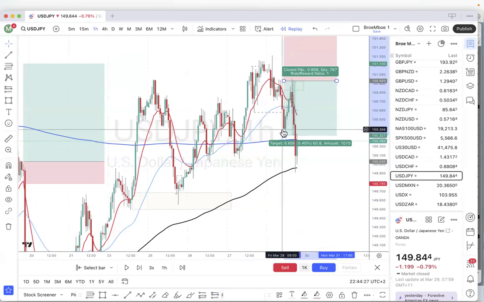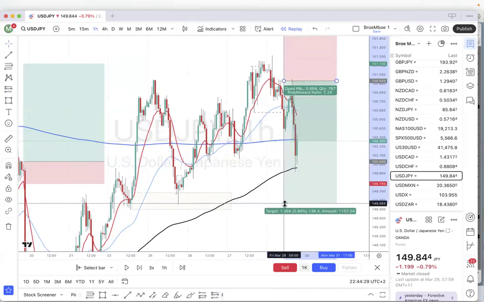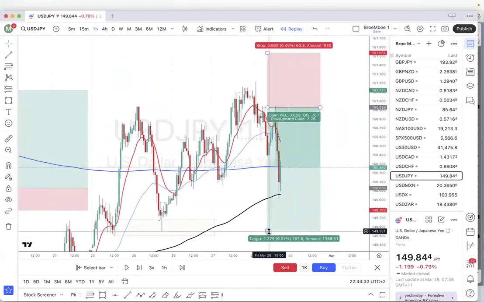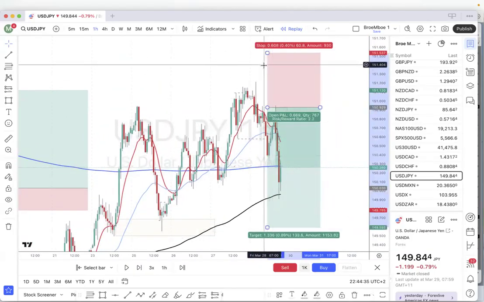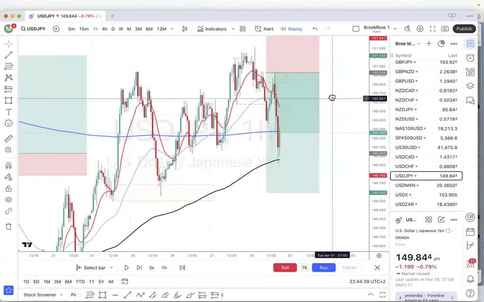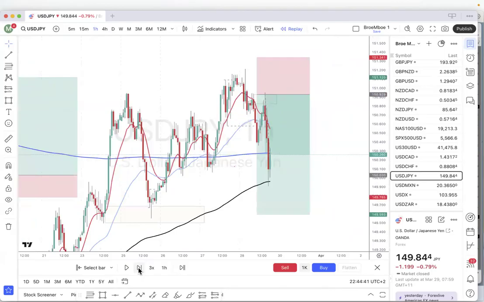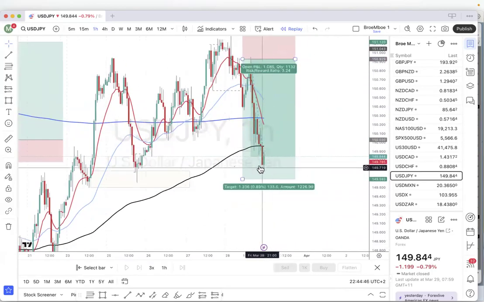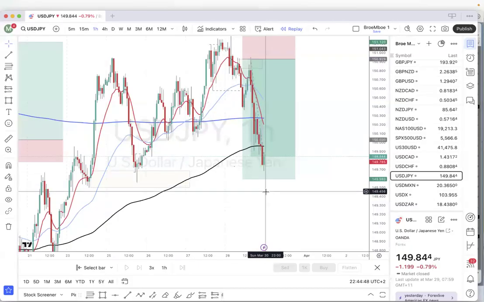I would love to have my target right here, right? Yeah, anyway, right there. And then now I'm sitting on the 1 hour, and this is where price closed. So that means it's close to the target, something like that, right?